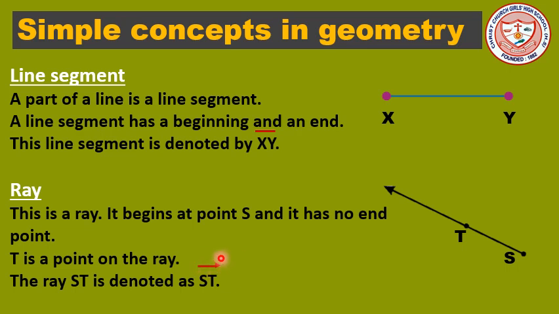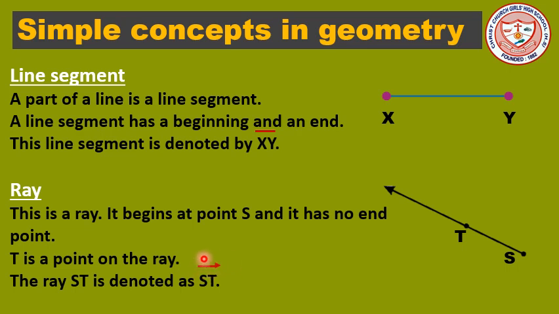Now, why this kind of symbol? Girls, this is the symbol of ray. It has one fixed point and the other is extending unendingly. That is why the arrowhead is drawn here.